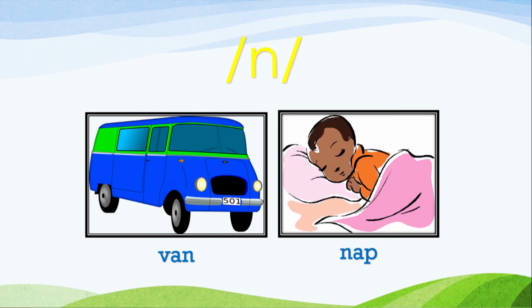It's a baby taking a nap. Nap. In which of these words do we hear the N sound at the beginning? Is it van or n-ap? Well, if you said nap, you are correct.